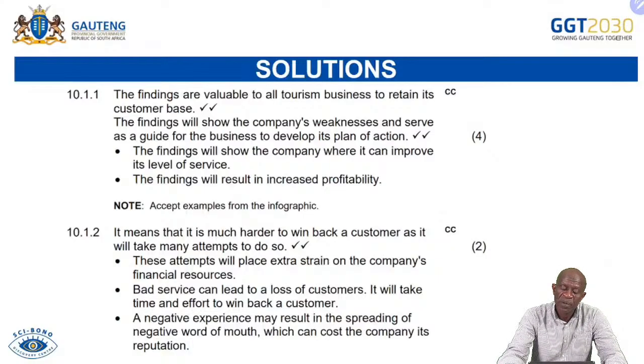But we can also include bullet number 1 and bullet number 2 that read, the findings will show the company where it can improve its level of service. And the second bullet, the findings will result in increased profitability. That answers Question 10.1.1 about what the findings reveal.